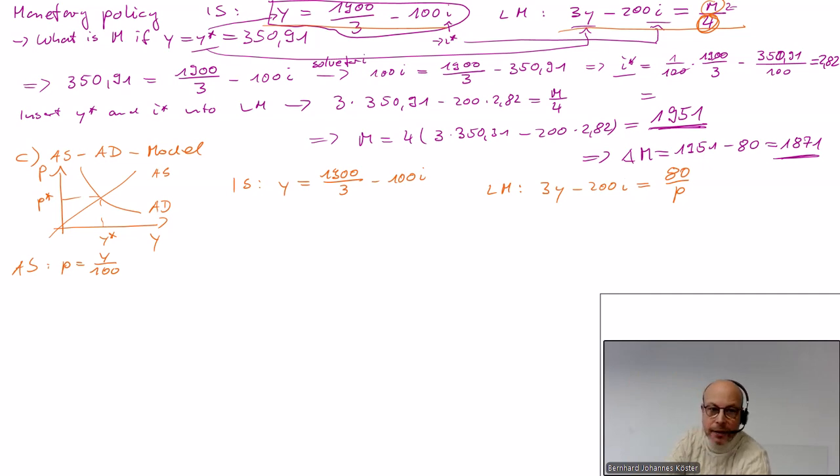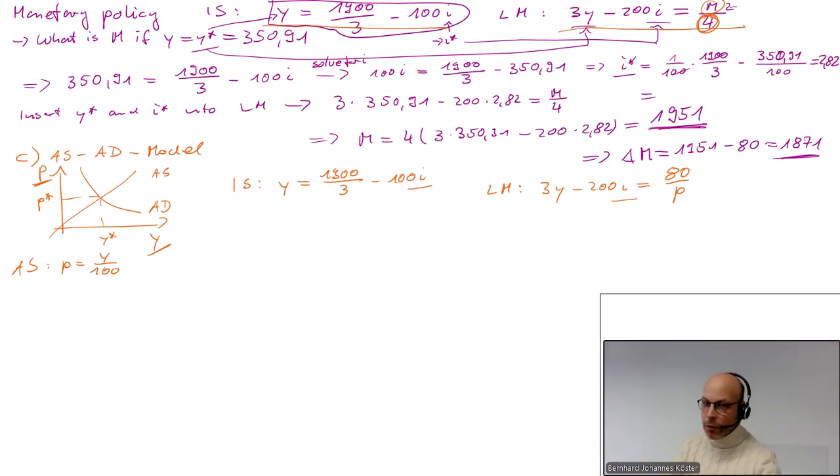Okay, in the end, we want to have only the dependence between prices and income. Here, we have still our dependence on I. So what we then do is, again, you have different ways to do it.